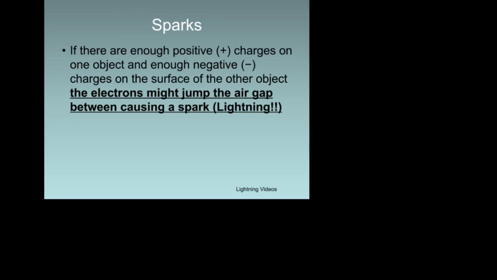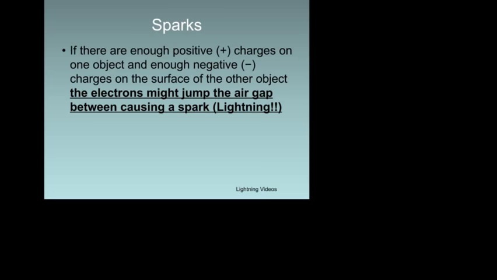So if you get enough positive charges on one object and enough negative charges on another object, they don't even have to touch each other in order for these electrons to move around. Sometimes just getting close to each other can make the electrons jump across a gap.